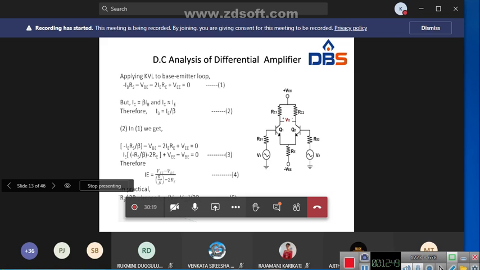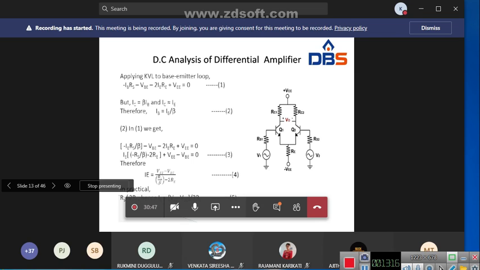But we know that IC equal to beta IB, right? The relation between collector current and base current. So IC equal to beta IB and IC approximately equal to IE. Here beta is the forward current gain in CE configuration.